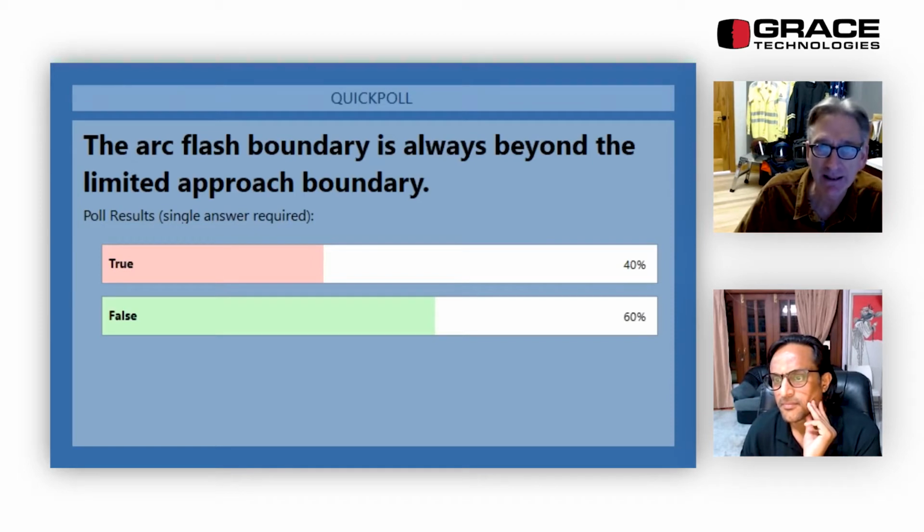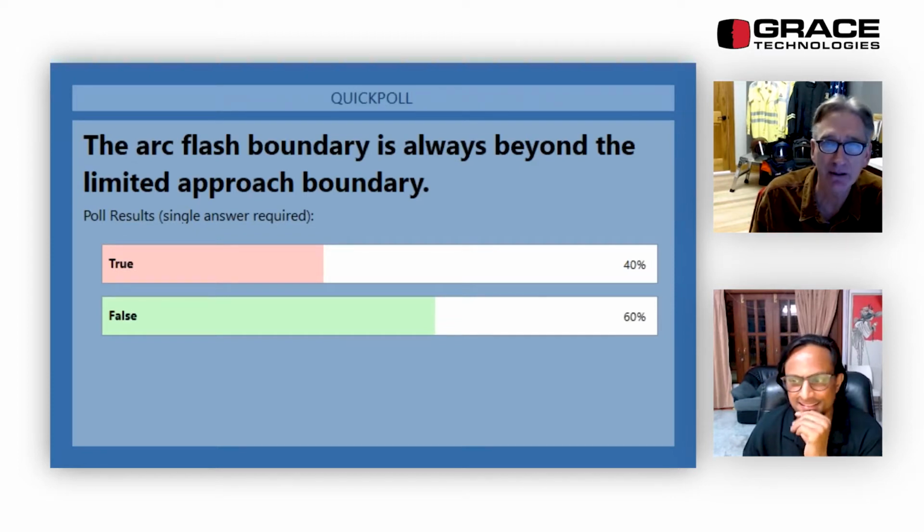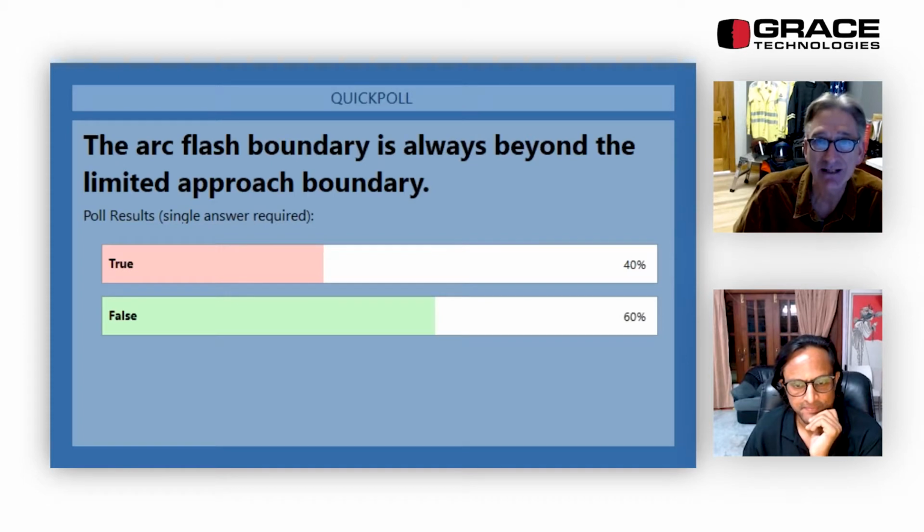The closest arc flash boundary I've ever seen was 2 inches, on a 208 volt 3-phase panel board. The farthest arc flash boundary I've ever seen is 235 feet, 8 inches. There's a good reason why it was that distance, but I'm not going to get into that today. But the answer is false.